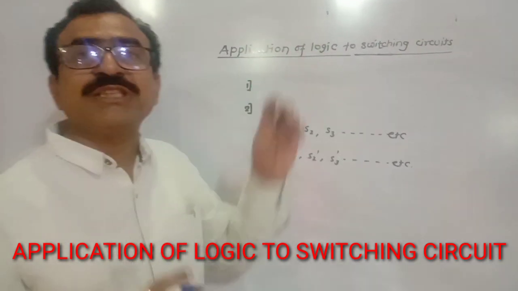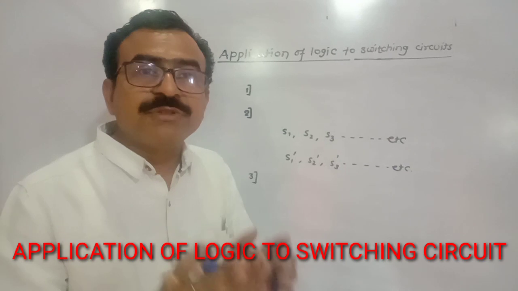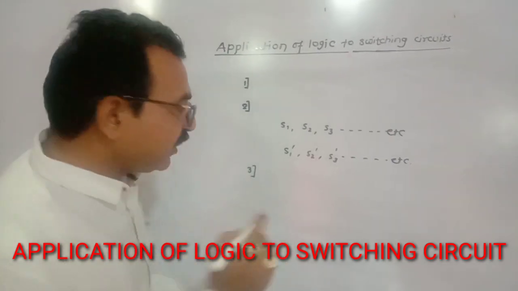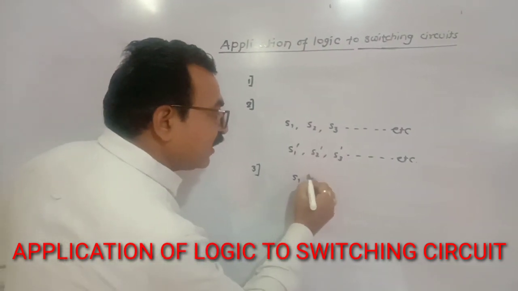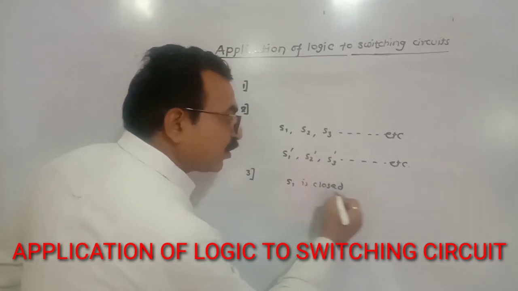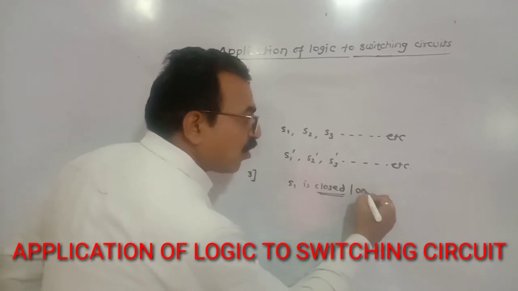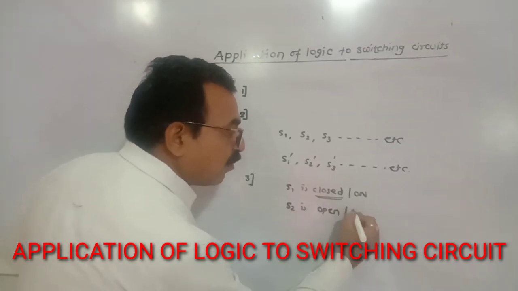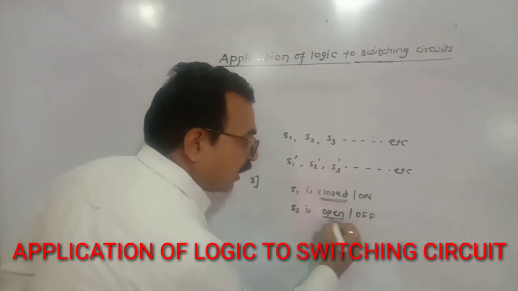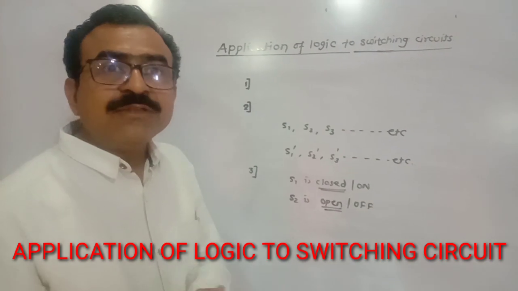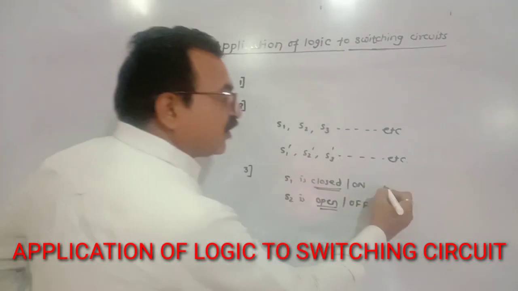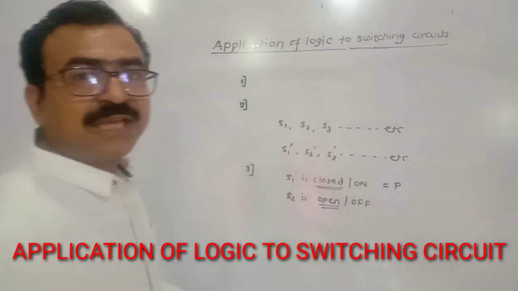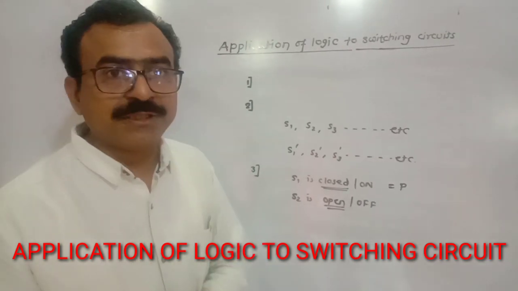And third thing, while discussing switching circuit, here we have used some statements like S1 is close, close means on. S2 is open, open means off. Understood? So friend, suppose the first statement is represented by P, then what is the second statement?